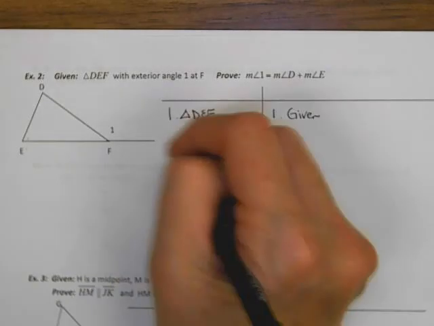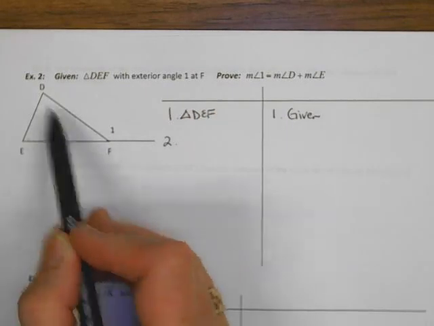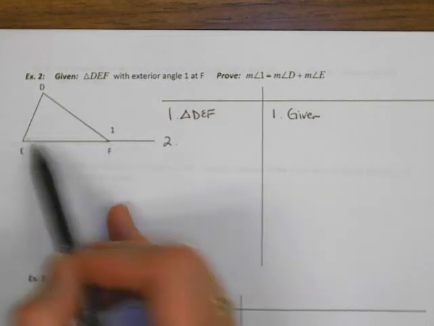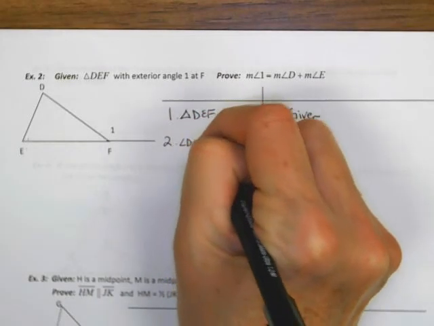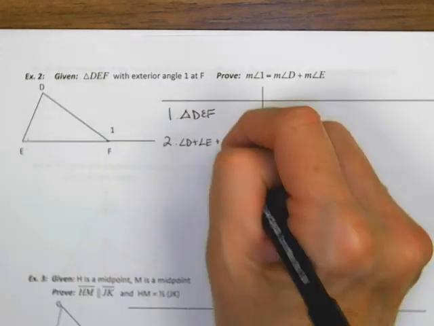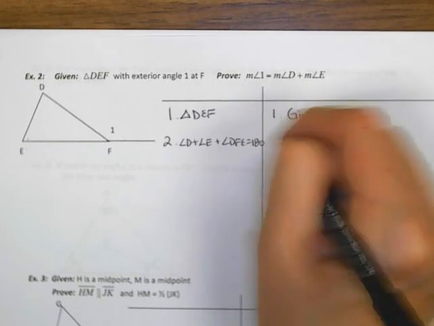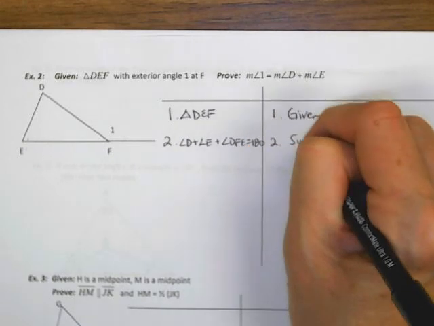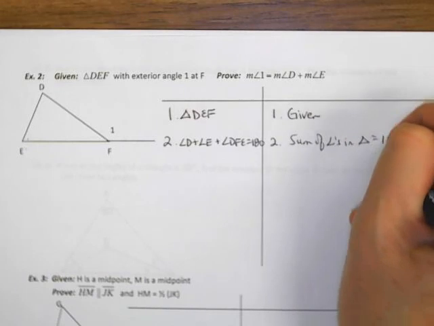All right, so we're going to use the theorem that we just studied. We're going to use the fact that we know the sum of the angles in a triangle is 180. So I'm going to say angle D plus angle E plus, and in this case we'll have to call it angle DFE because I've got too many there, equals 180. And I'm just going to say here sum of the angles in a triangle equals 180.